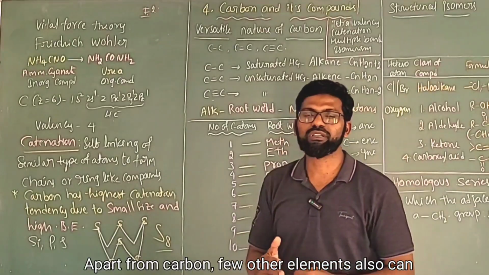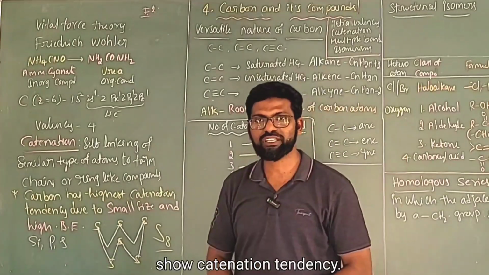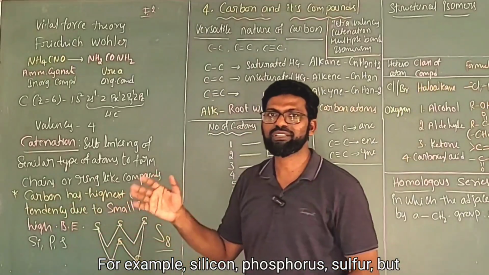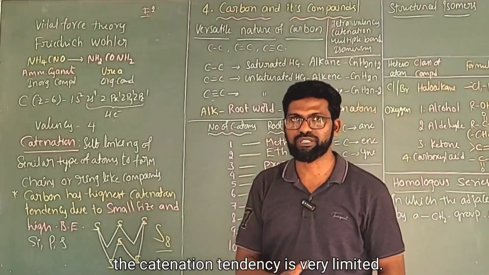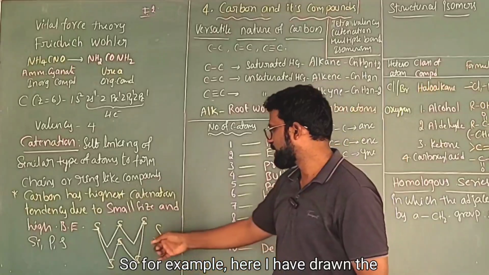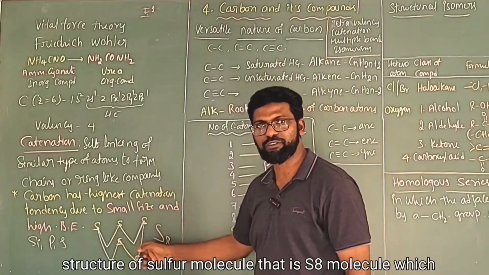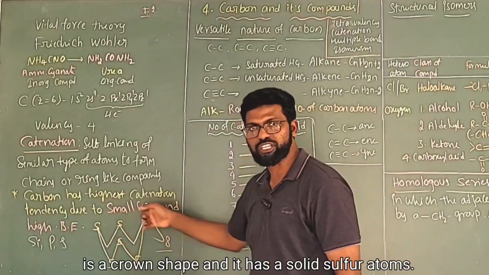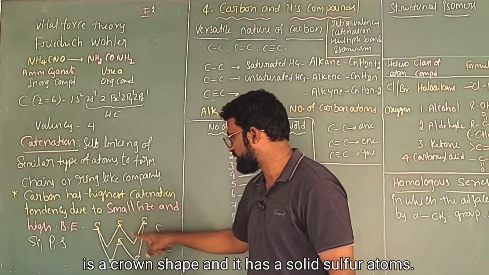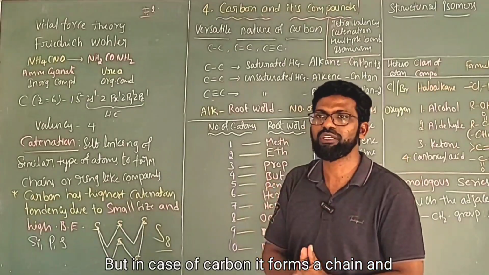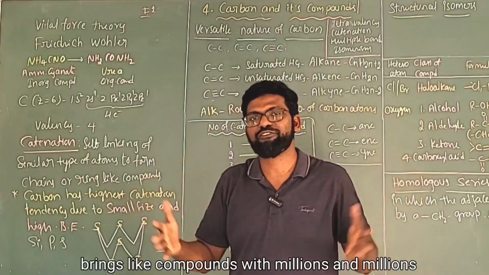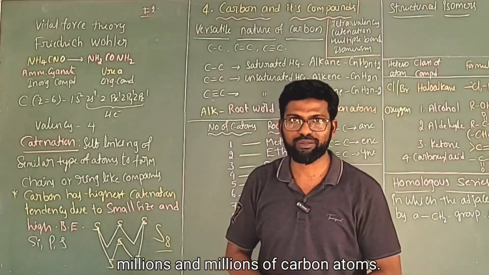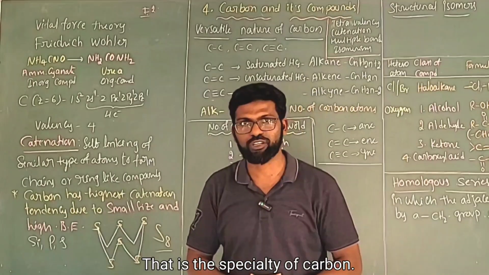Apart from carbon, a few other elements can also show catenation tendency, for example silicon, phosphorus, sulfur, but their catenation tendency is very limited. For example, here I have drawn the structure of the sulfur molecule, the S8 molecule, which is crown shaped and has 8 sulfur atoms. But in case of carbon, it forms chains and rings with millions and billions of carbon atoms. That's the speciality of carbon.